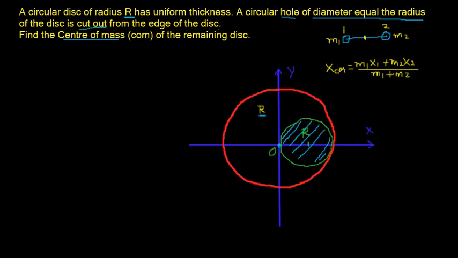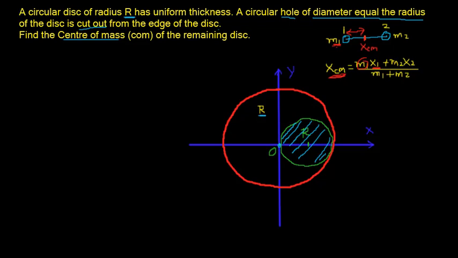Now let's understand who's who in this. Now this xcm is the center of mass of the two body problem. This is x center of mass. This m1 is the mass of body 1. x1 is here, this distance, the distance of mass m1 from the center of mass.